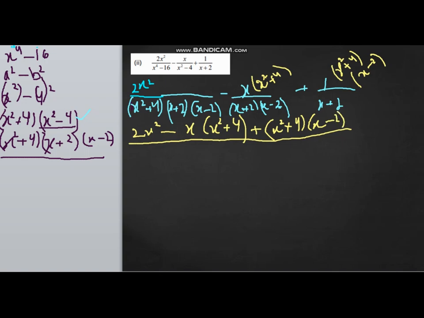And in the denominator, we just write these three side by side. So x squared plus 4 multiplied by x plus 2 and multiplied by x minus 2.